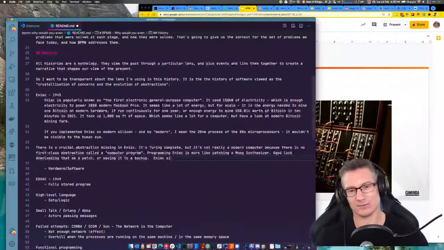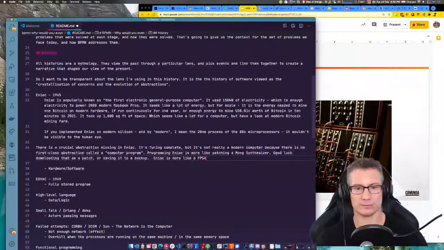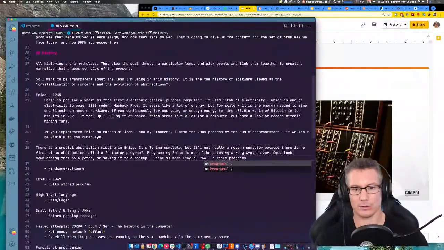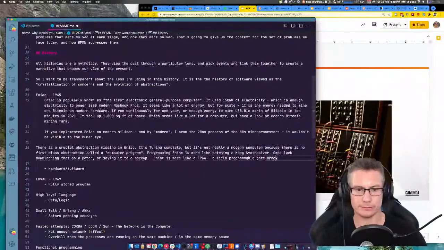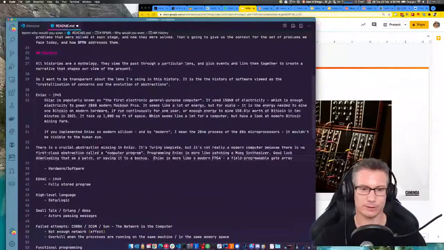ENIAC is more like an FPGA, a field programmable gate array. It's more like a modern FPGA. It's similar. Yeah.